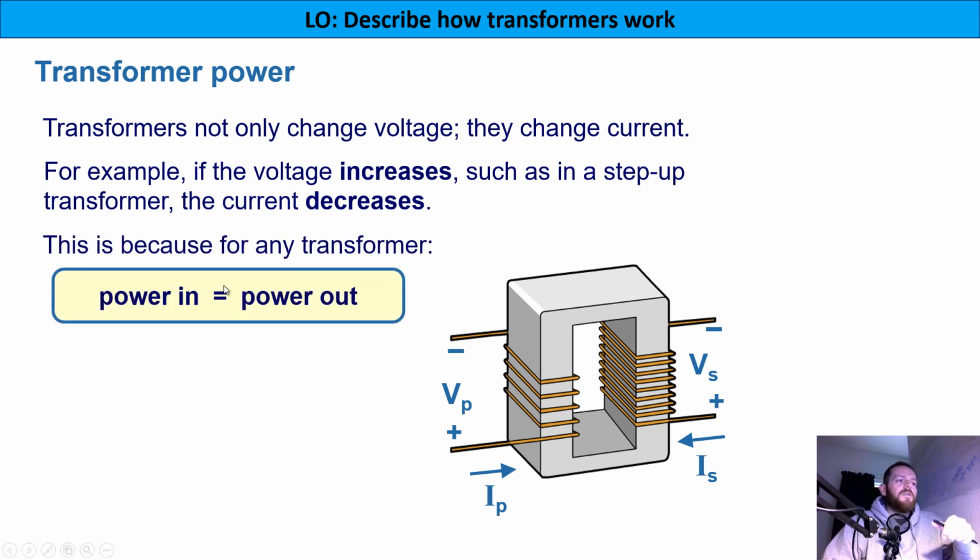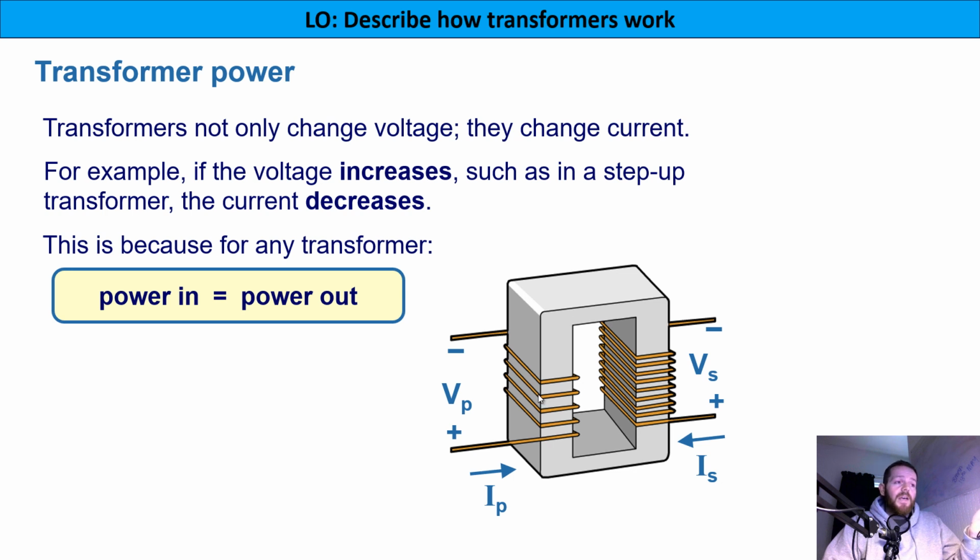This is because for any transformer, power in equals power out. Now, I said to you before, we're going to assume that all these are 100% efficient. They're not. The efficiency varies from like 95 to like 99 point something percent. So they're still really, really efficient. But whenever you've got the transfer of electrical energy, there's usually heat involved, and whenever there's heat involved, you're going to end up with a bit of heat loss.